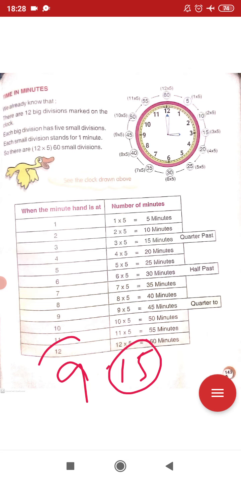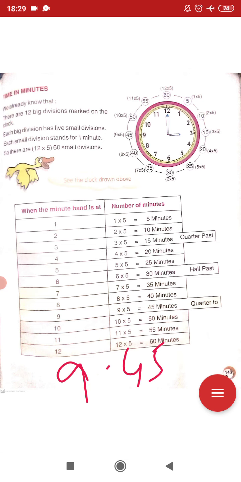Quarter past, then our hour number is 9. Here the hour number is 9. So 9:15, that means quarter past 9. When the time is 9:45, then we can call it quarter to 9. No, quarter to 10. So quarter to, this term should be used, quarter to 10, not 9.